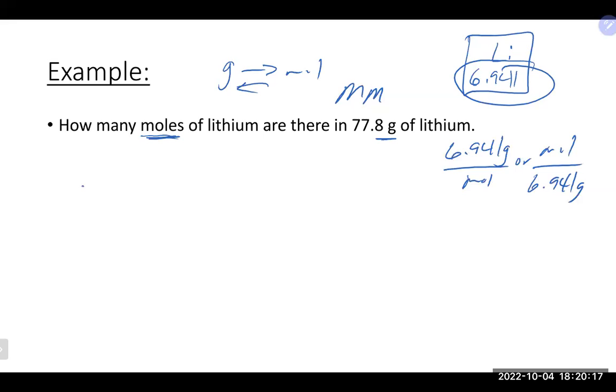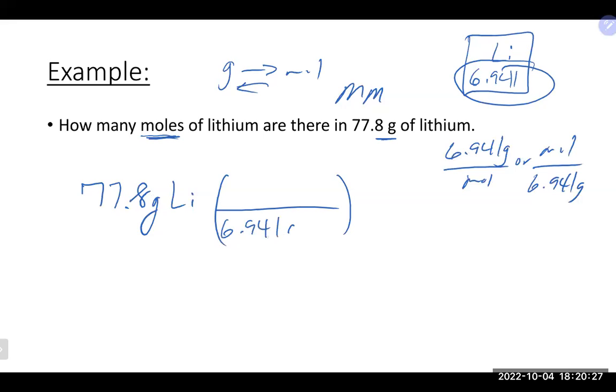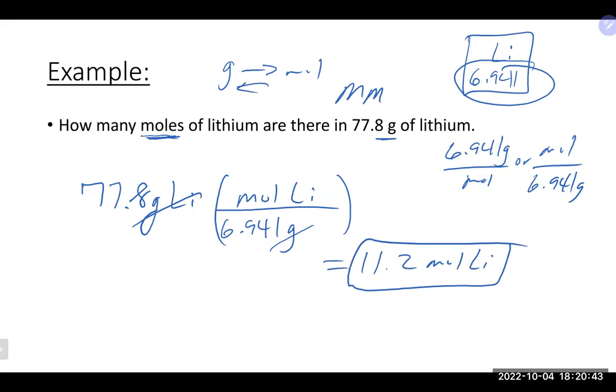Starting with the 77.8 grams of lithium here, we want the grams to cancel, and that's going to give us 6.941 grams on the bottom, a mole of lithium up on top. We are dividing here, 77.8 divided by 6.941, going to yield us about 11.2 moles of lithium in this case.